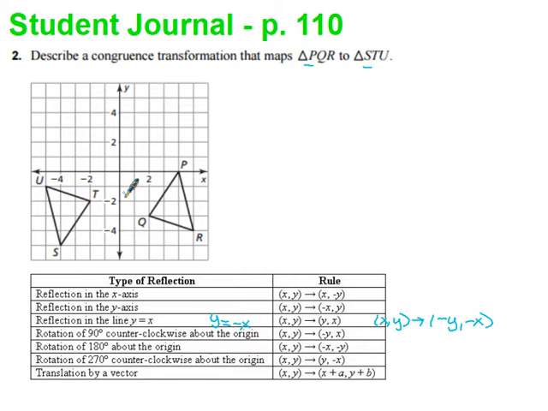Just by looking at this, it looks very much like a rotation. It could also be a composition of a rotation and a translation. There are multiple ways to do it. Initially, when I see it, I just think it looks like a rotation. Knowing that P needs to come all the way down here to S, it looks like 180 degrees.